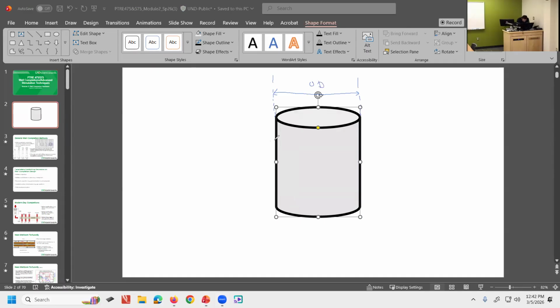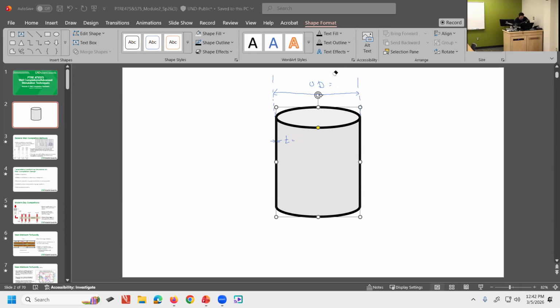And then I'm also giving you the wall thickness, T, and I gave you the values.